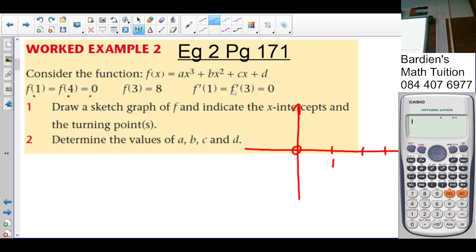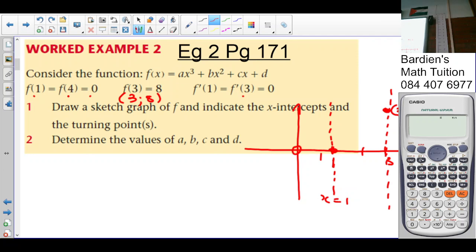So f of 3, we know that the graph is going through 3 and 8. So there's 3 and 8 approximately there. When you set f prime x equal to 0, we work out turning points. So the x values of these turning points is x equal to 1 and x is equal to 3, which coincides or goes through that point of 3 and 8.